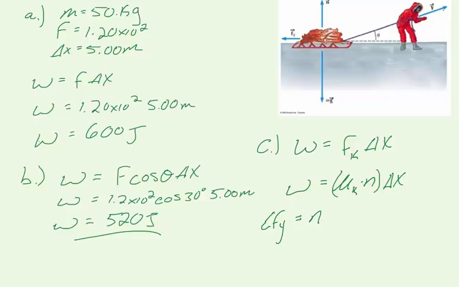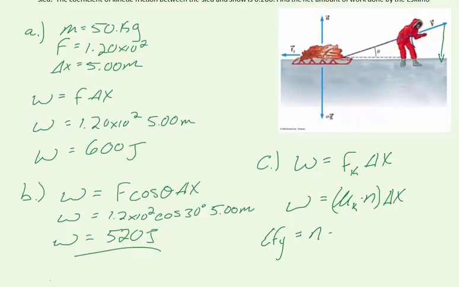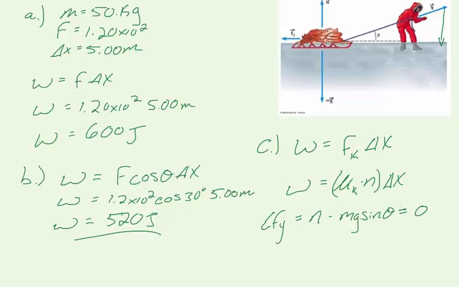And if we take the components of our right triangle, we see that the opposite of our angle will give us sine, which is acting in a negative direction, mg times sine of theta, is equal to 0. So now we can solve for n, and if we do so, we see that n is equal to mg times sine of theta.